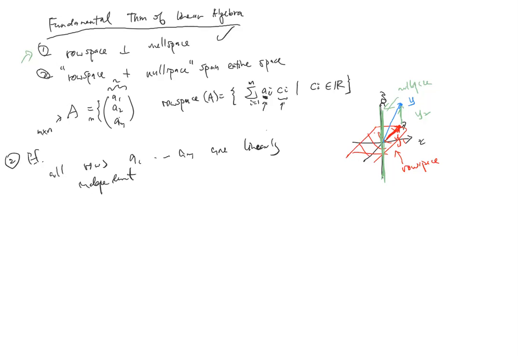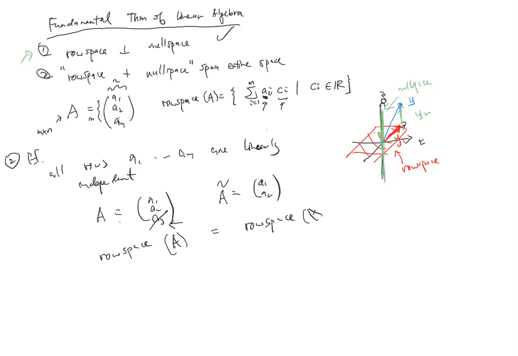Otherwise, let's say if some of the rows are not linearly independent, it doesn't matter. Let's say A here is A1, A2, A3, and so on. And let's say A3 is a linear combination of A1 and A2. Now, if I remove A3 and I get a matrix A tilde instead, it's just A1 and A2. The row space of A will be apparently just the same as the row space of A tilde, right?